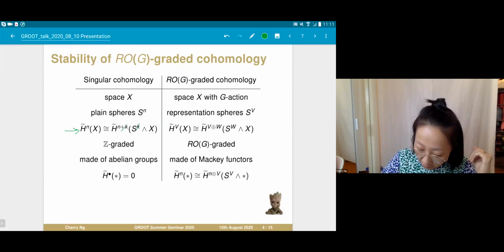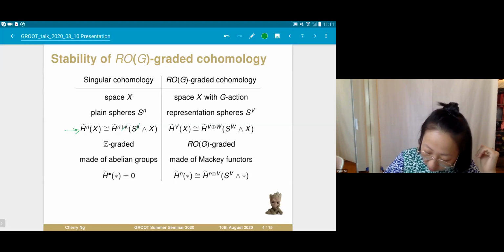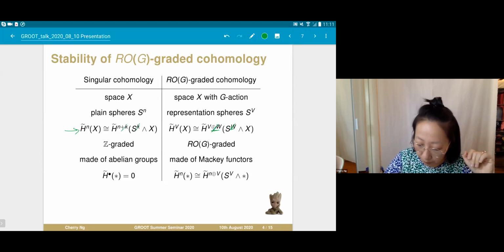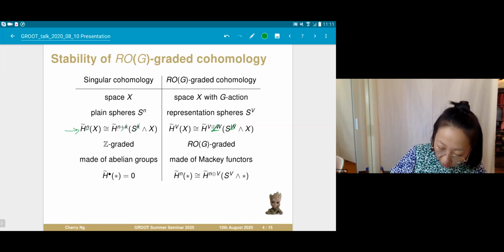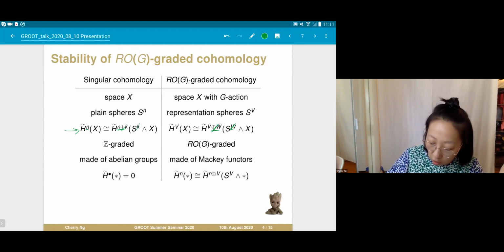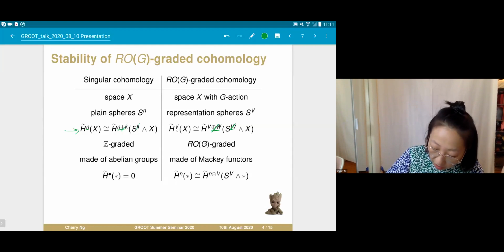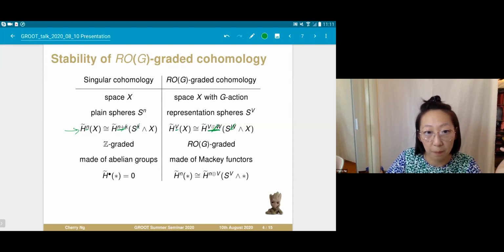In RO(G)-graded cohomology, there's a similar property where boosting the cohomology by a particular representation is the same as smashing with that representation sphere. And so they cancel in that same way. And it is in this way that I mean that singular cohomology is Z-graded, that these numbers live in the integers, and the cohomology theory that I'm talking about here is RO(G)-graded. In other words, it is the ring of representations that is the grading on the cohomology.